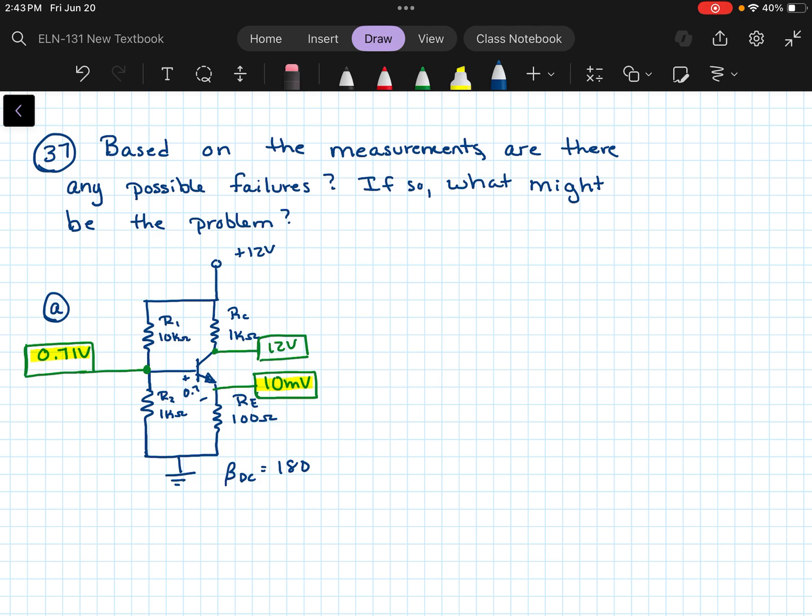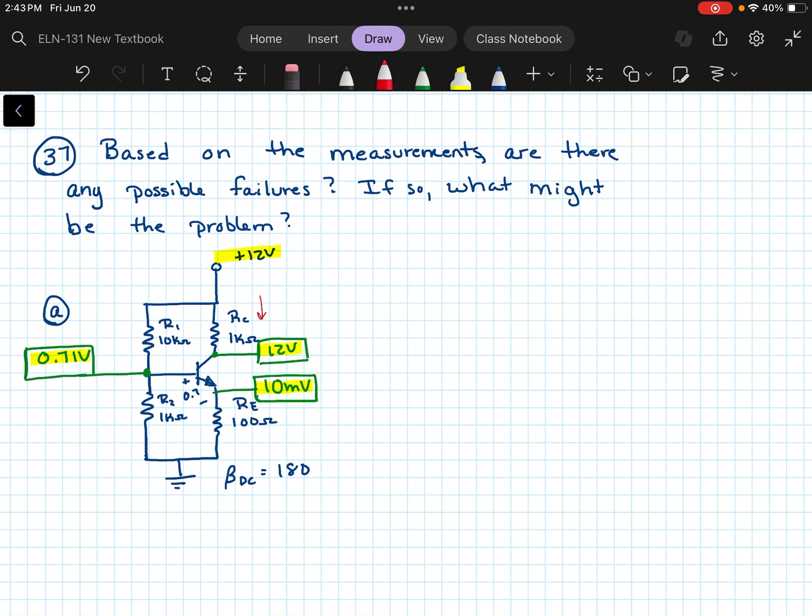So that's working correctly. Now, what does cause me some concern is we've got 12 volts at VCC, the voltage we're applying, and then we've got 12 volts at VC. So we see that we have no voltage drop across RC, which tells me that we don't have current there.